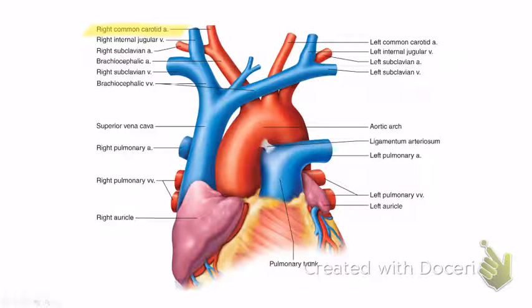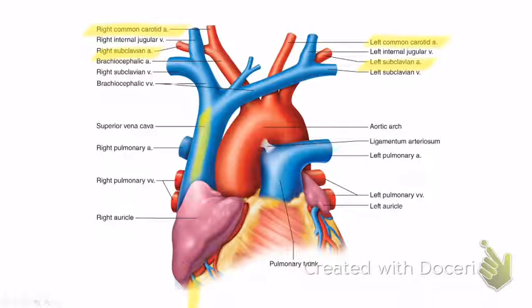Okay, right subclavian artery, you should see here. Left common carotid artery, here. Left subclavian artery, here. Superior and inferior vena cava, you got that one already.